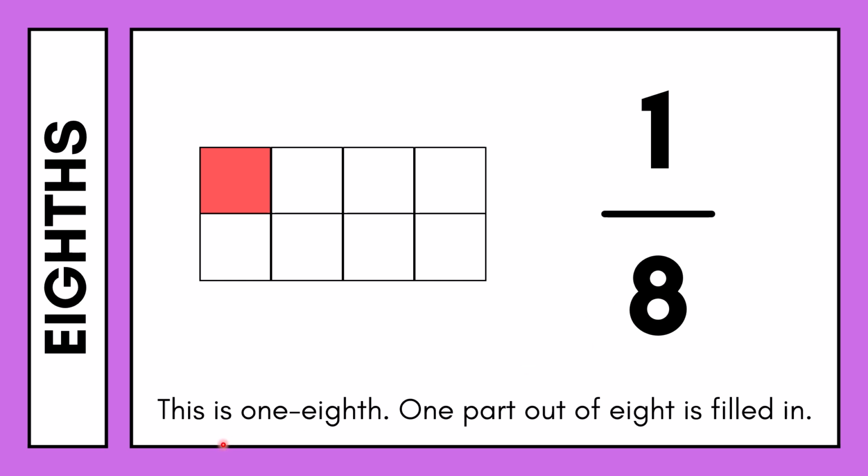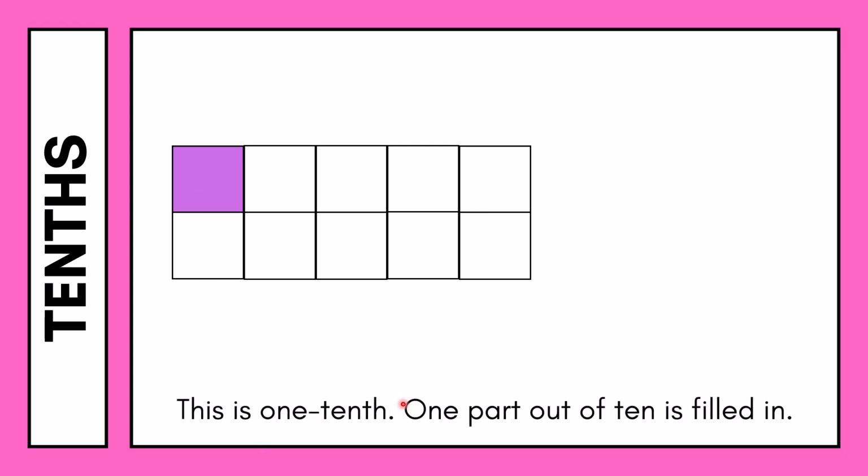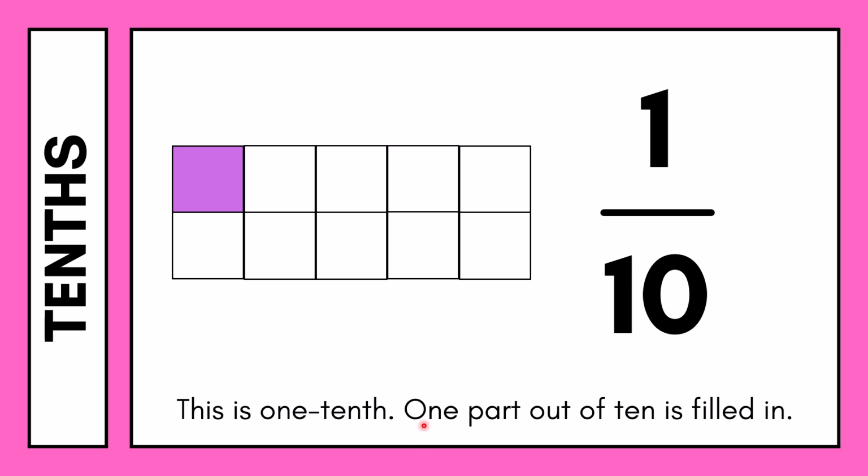So we will call it 1/8. Great. Now similarly, out of 10 parts, if one part is shaded, we will call it 1/10. Wonderful, kids, right?